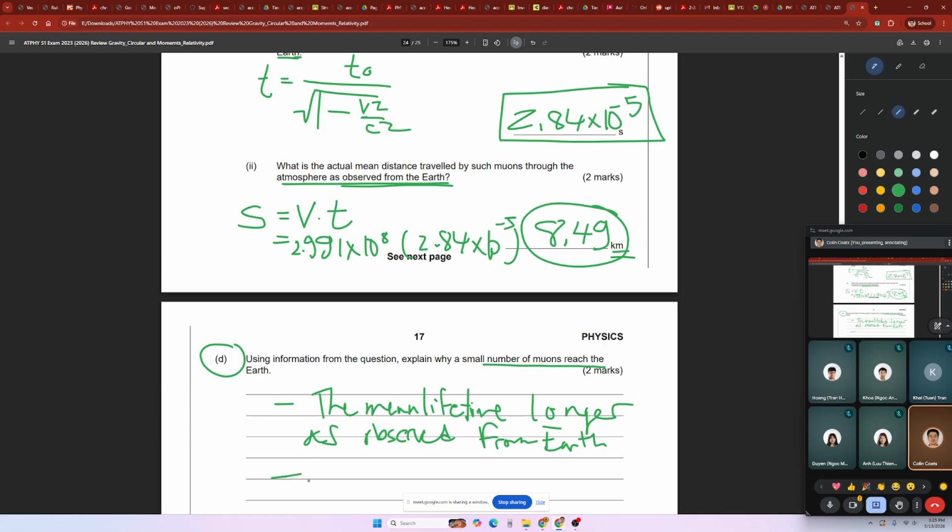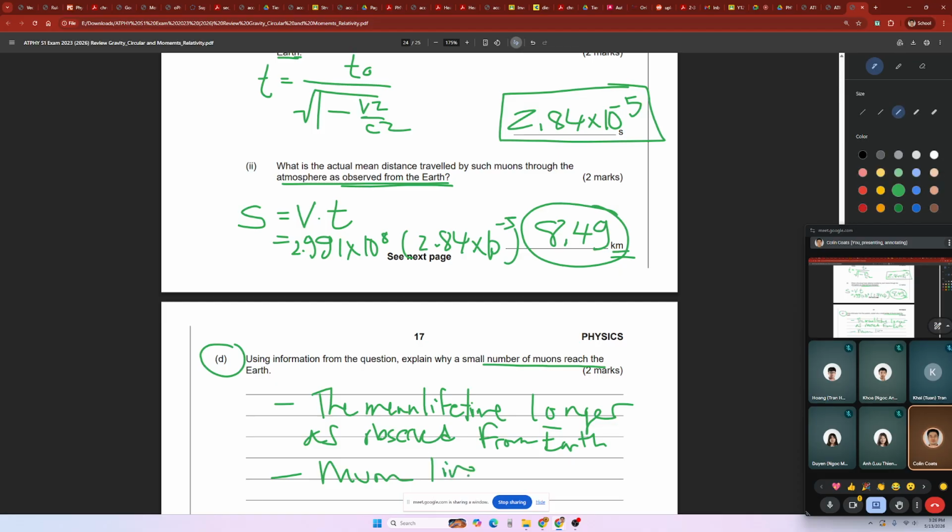So that means muons live longer and travel to the Earth's surface.